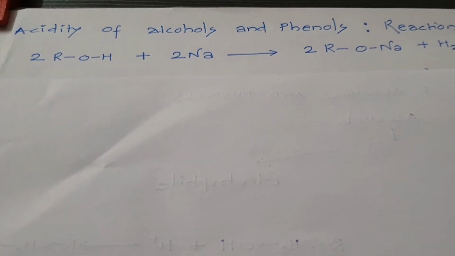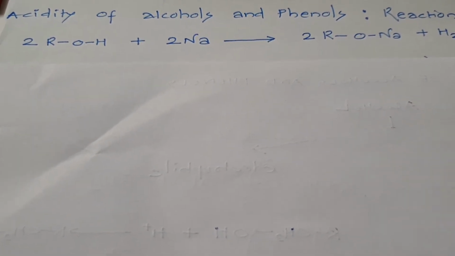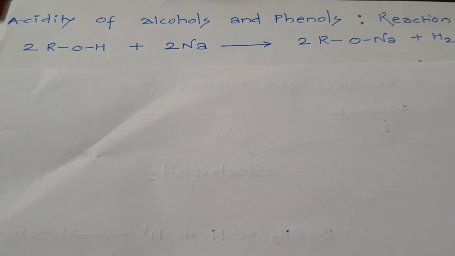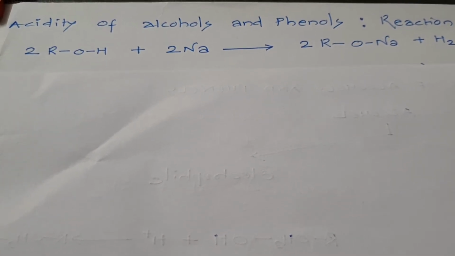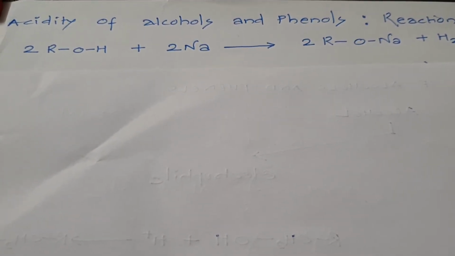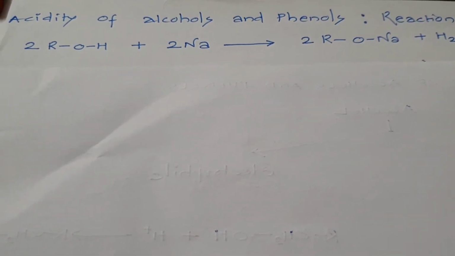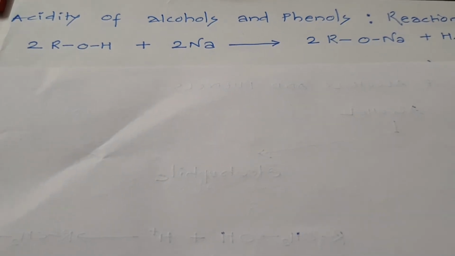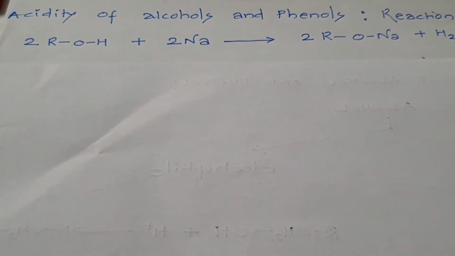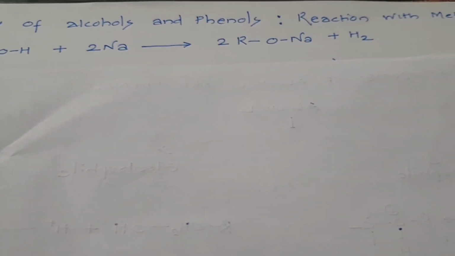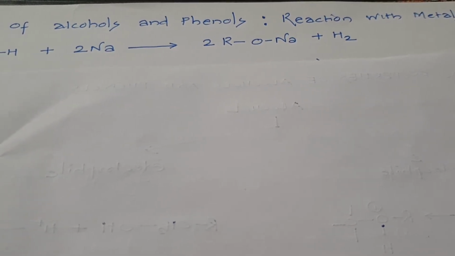Here we understand that alcohol readily tends to give a hydrogen ion, hence it shows acidic properties. To take up this study, we are seeing the first set of reactions, that is, the reaction with metals.